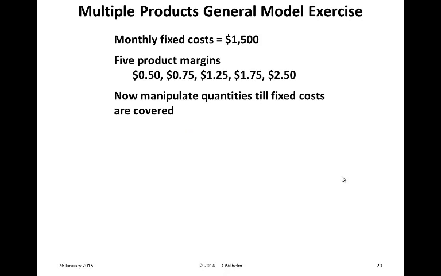Here's an exercise for you. Monthly fixed costs $1,500, margins $0.50, $0.75, $1.25, $1.75, $2.50. Go ahead and set this up in an Excel spreadsheet if you wish. If you don't want to see the answer, better pause the video because here it comes.